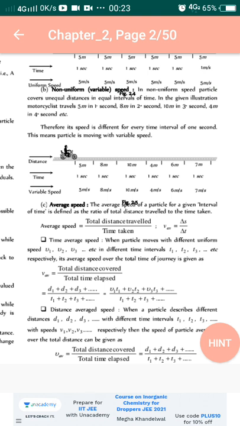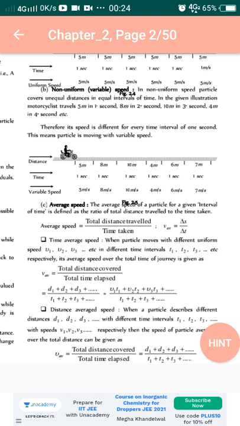Time average speed. When a particle moves with different uniform speeds v1, v2, v3, etc. in different time intervals t1, t2, t3, etc. respectively, the average speed over the total time of the journey is given as follows.